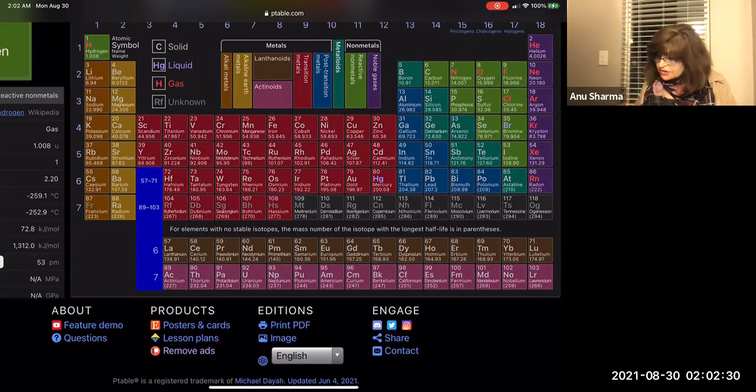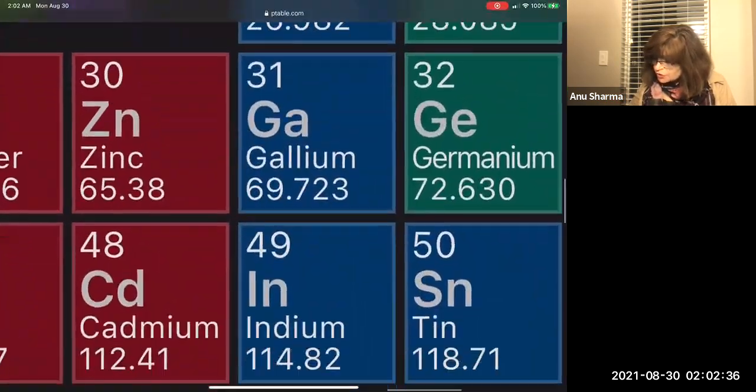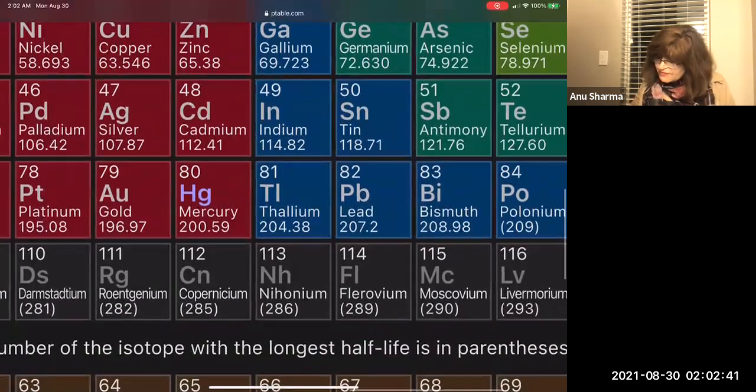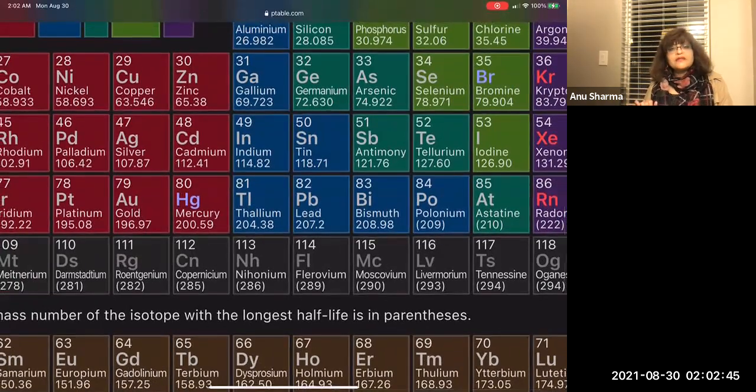So these are transition elements. But look at the blue ones over here. These are called post-transition elements. They behave more like metals.